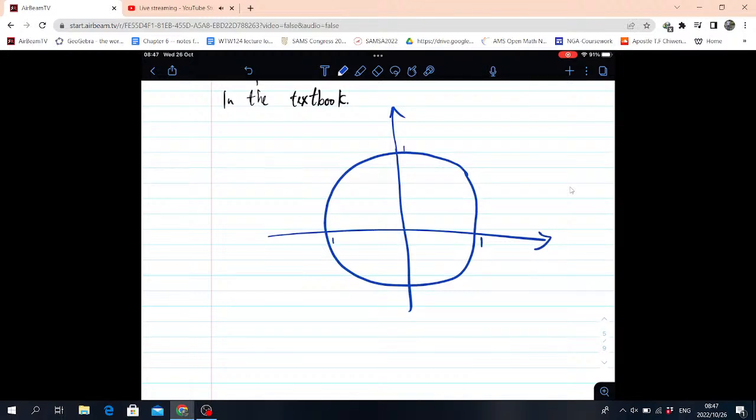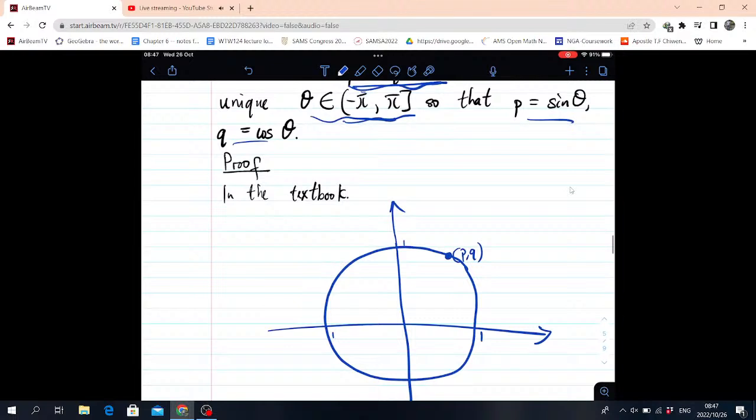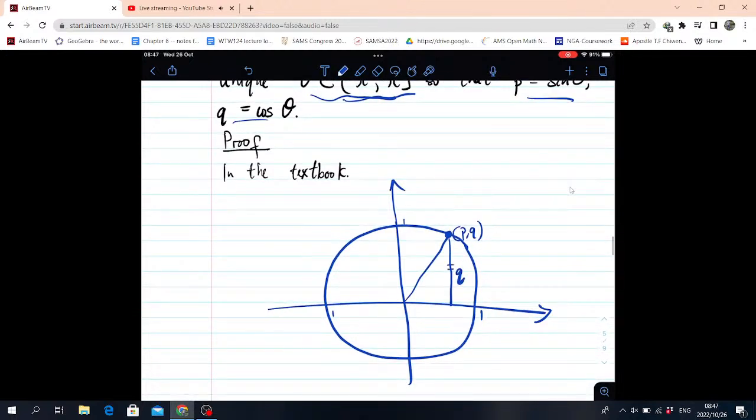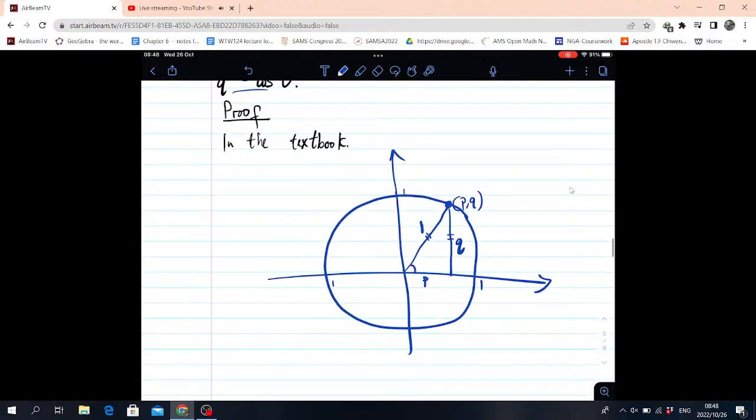So if I, for example, take my p and q to be such that this is the point, then let me draw a triangle here. The length of this is q, the length of that is p, and the length of this is 1. And then we've got a theta here.